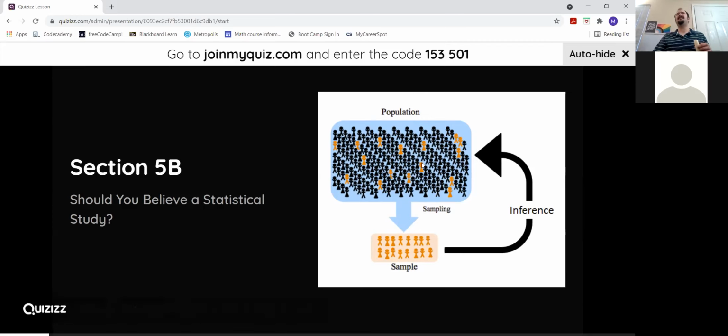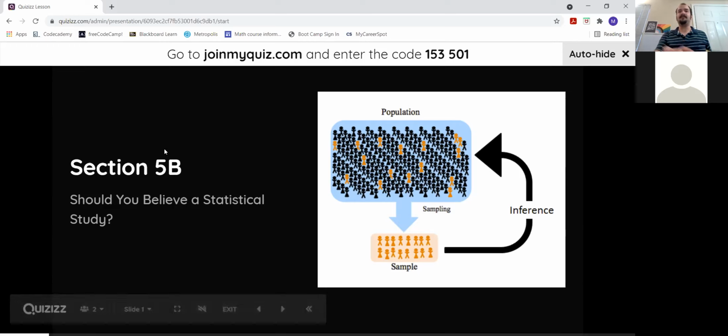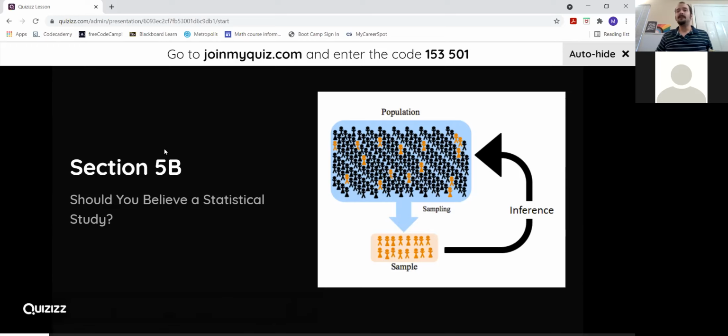The other thing in 5A was experiments and observational studies. So knowing whether it's an experiment, knowing whether it's an observational study. In an experiment, you are proactive. You are giving them a treatment, you're giving them a placebo or a control, and you're trying to figure out if this factor influences another factor.